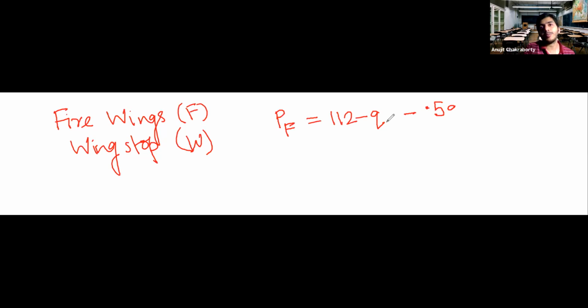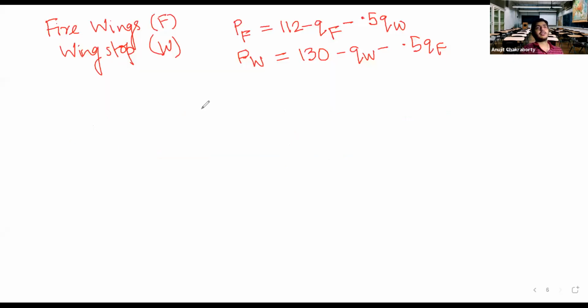This is the demand faced by firm F, which is Firewings, and the demand faced by firm W is going to be equal to 130 minus QW minus 0.5 QF. Very good. So this is the problem that we have. This is a problem of differentiated Cournot competition.